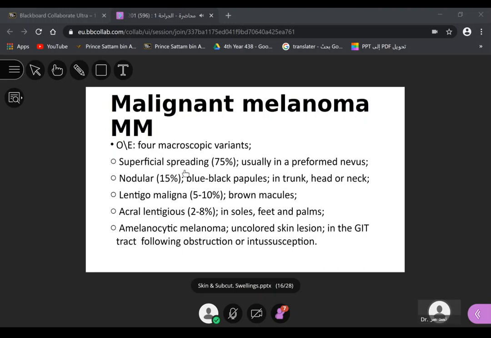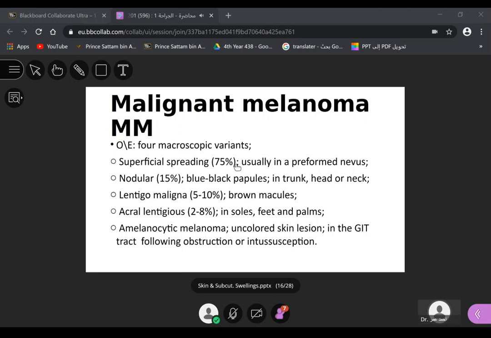I mean, it's macular, with no nodule or bulge from the skin. This is the most common type, accounting for 75% of all malignant melanoma.